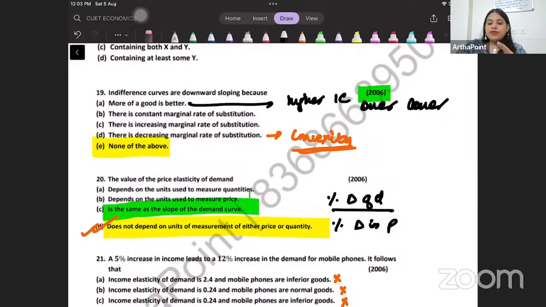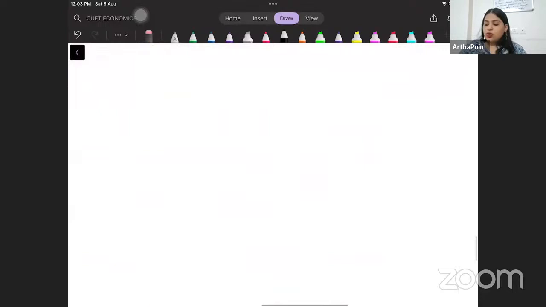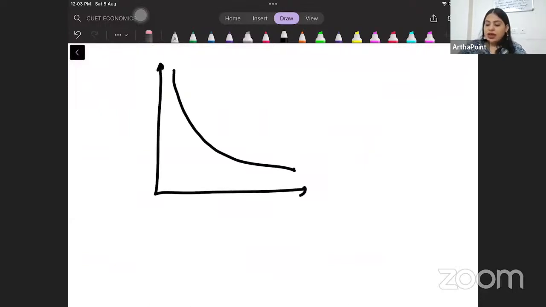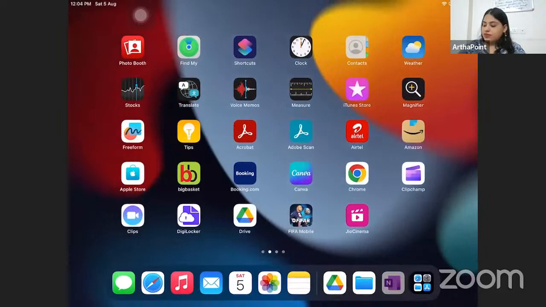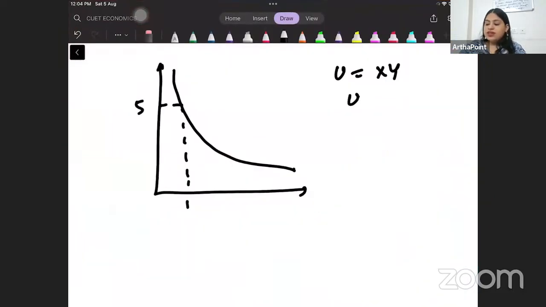Yeah, so more is preferred over less can be the reason for sacrifice, but ideally, here beta the reason for sacrifice is that in a way I want to also hold my utility constant. So supposedly this is my IC, and let's say my utility function is xy. So when my x is 1 and y is 5, my utility is say 5. So if I want to move to any other point, I need to ensure that my utility remains constant at 5.